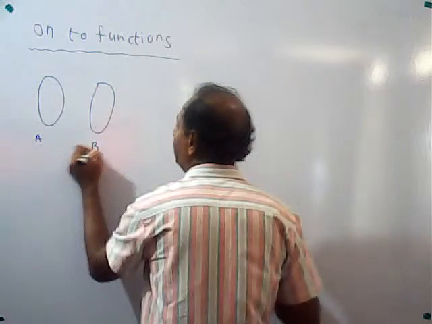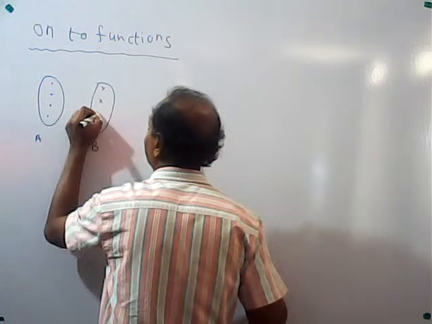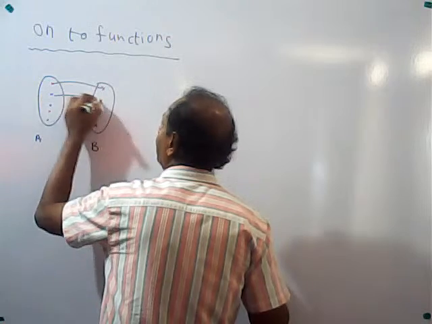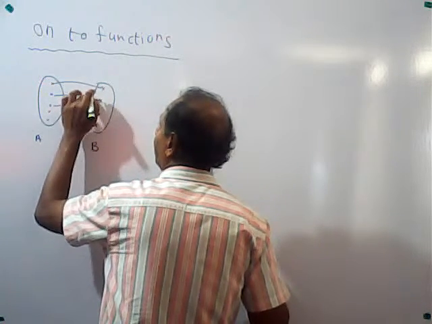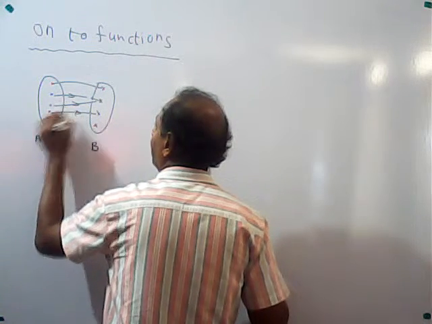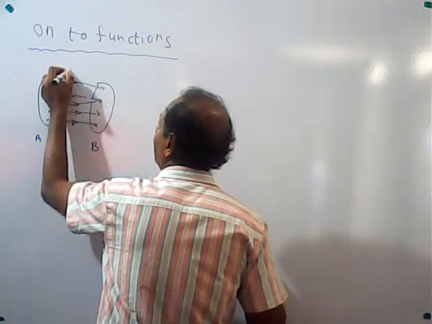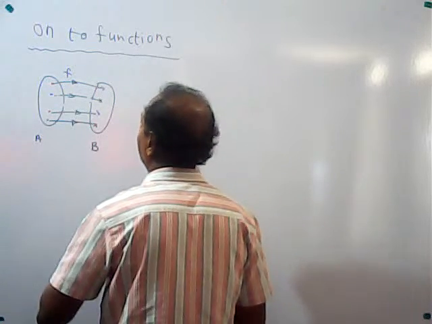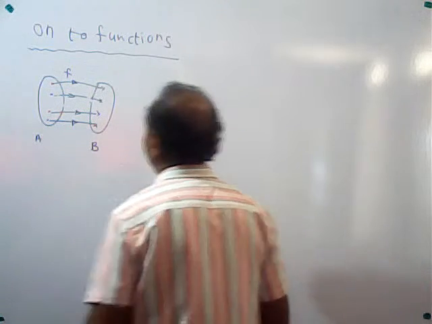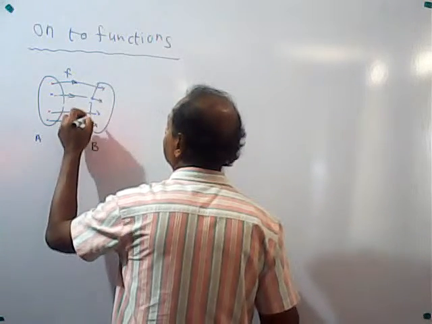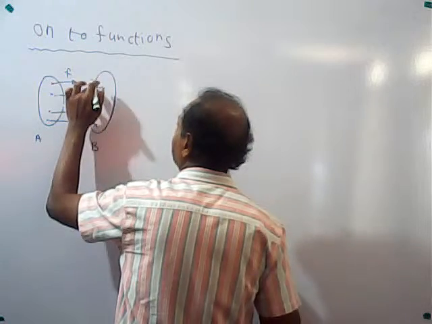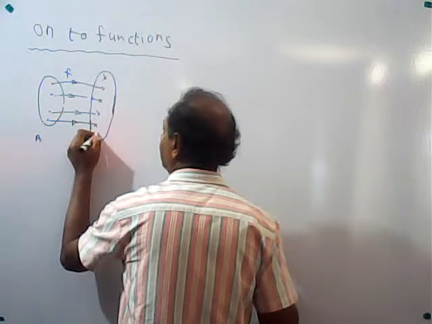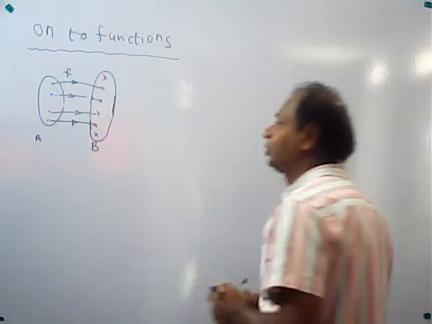This function f goes from A to B. This is the function f which goes from A to B, right?